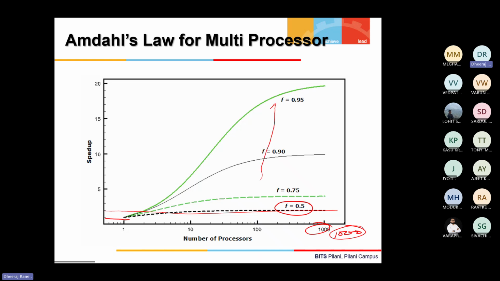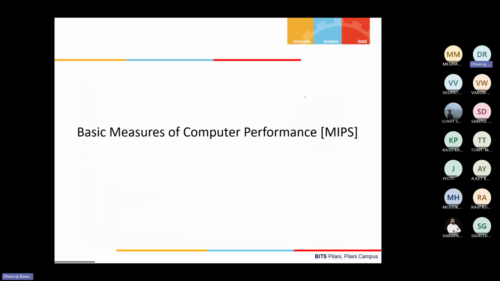And see the impact once the value of f is near to 1. Okay. One more derivation that you can have out of it is, after a specific number of processes, whatever be the hike you will be doing in number of processes, it will not have any kind of impact. It will go more or less on a constant note, right? So this is what we can derive.